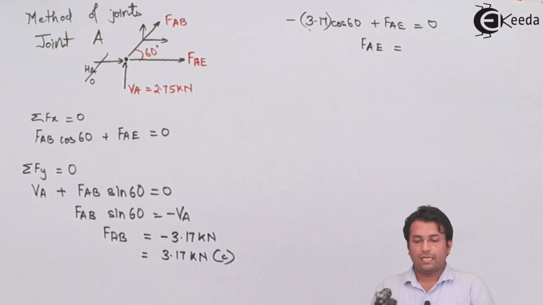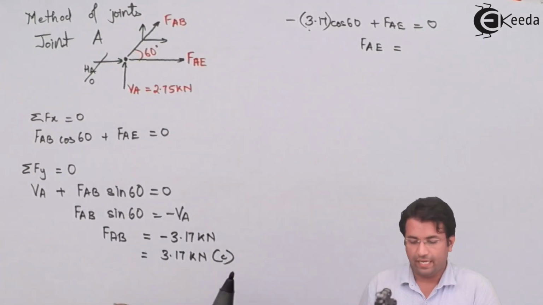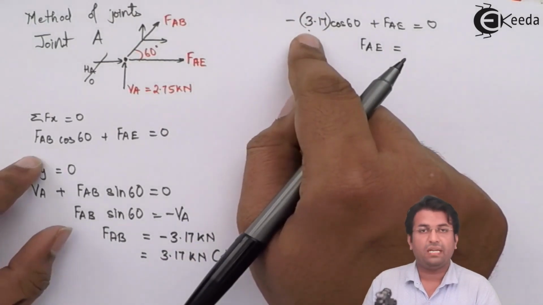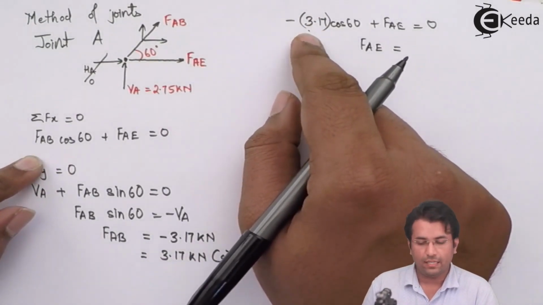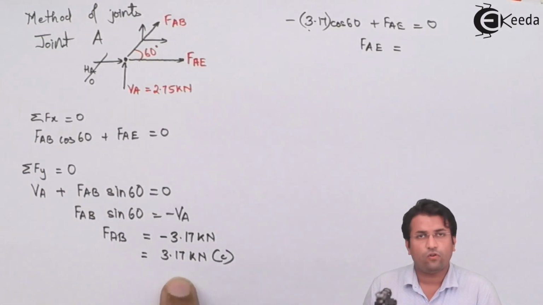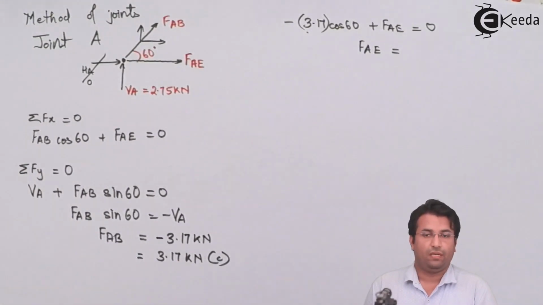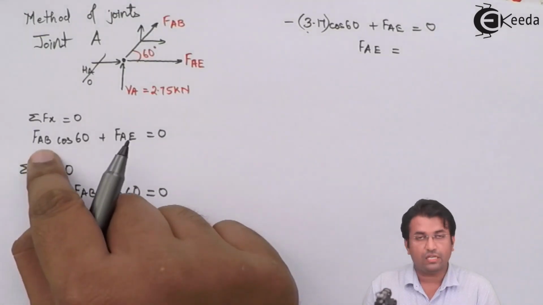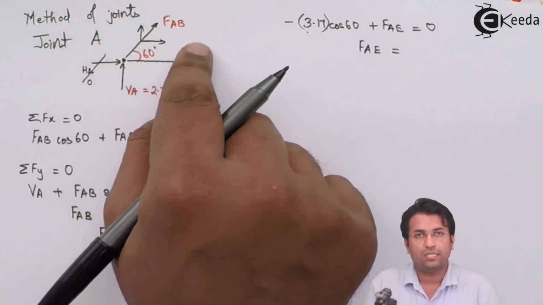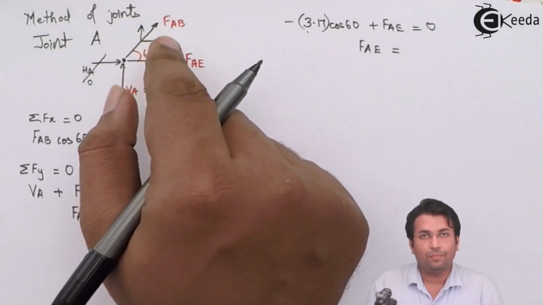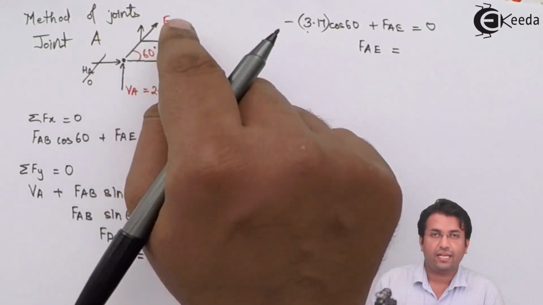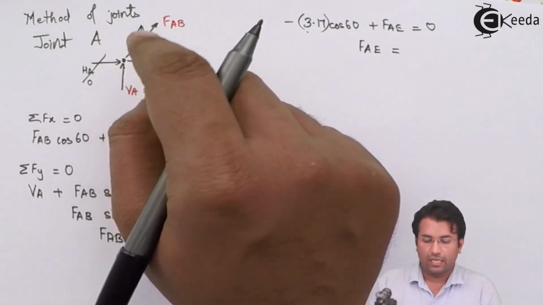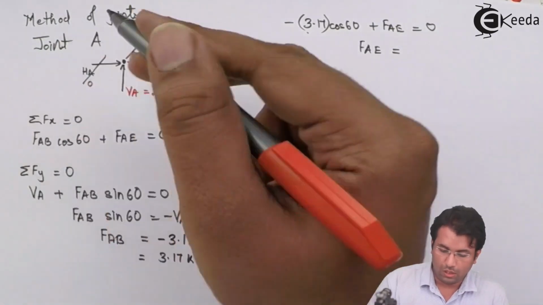Now, I've put a negative sign for the force in member AB. The reason for that is the answer that I have got for AB is negative, and over here I had assumed AB to be positive. Since it is a compressive force, the direction of this force changes. It turns downwards.